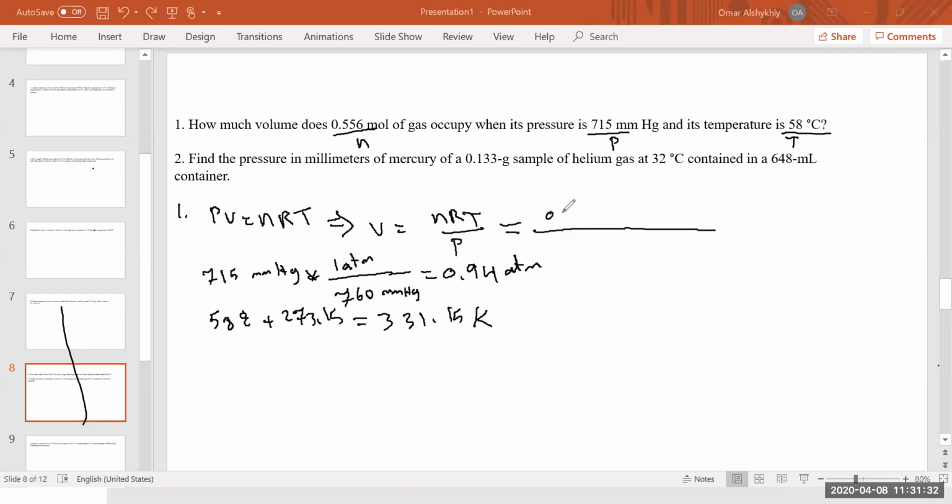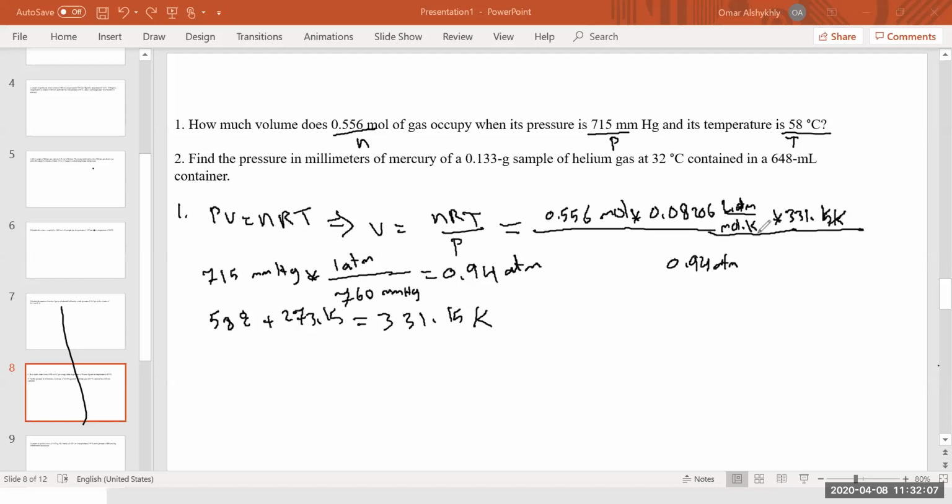Now I've substituted these values, the pressure and temperature. That is 0.556 mole times R, which is a constant, 0.08206 liter atmosphere per mole Kelvin, times the temperature, 331.15 Kelvin, divided by the pressure, 0.94 atmosphere.